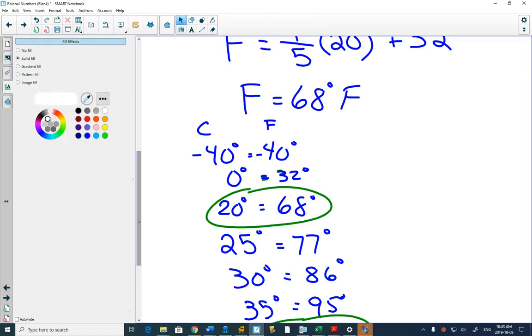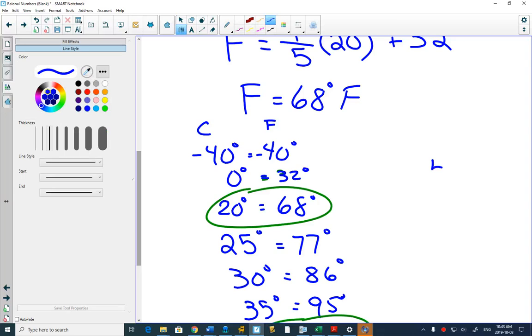And then if someone tells you, oh, it's 50 degrees Fahrenheit, you're like, okay, well, if I minus 9 once, that would get me 59. If I minus 9 twice, that would get me 50. So 50 degrees Fahrenheit is the same as 10 degrees Celsius.